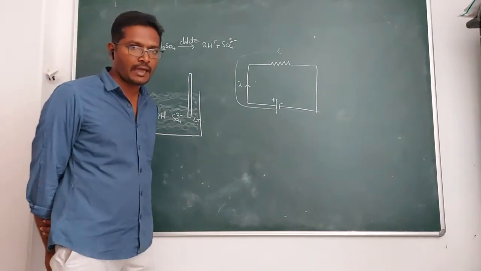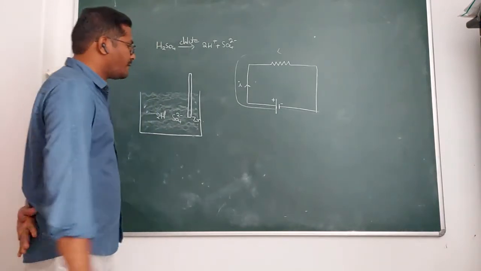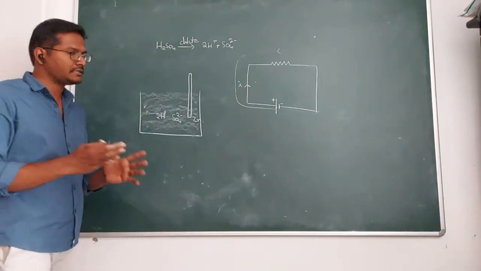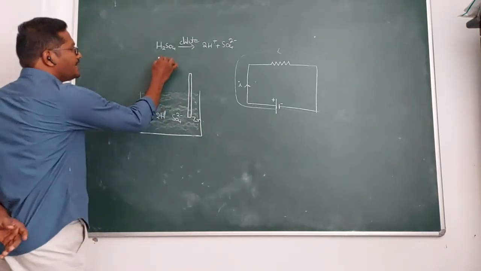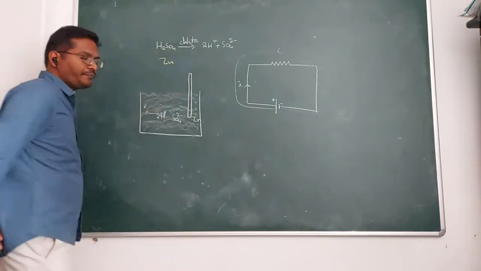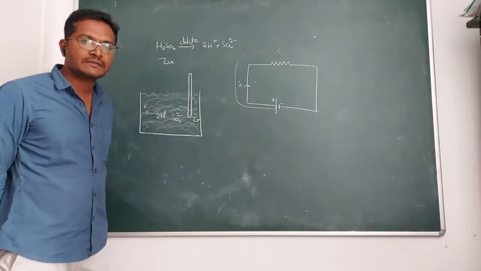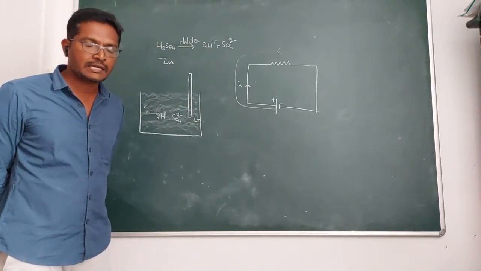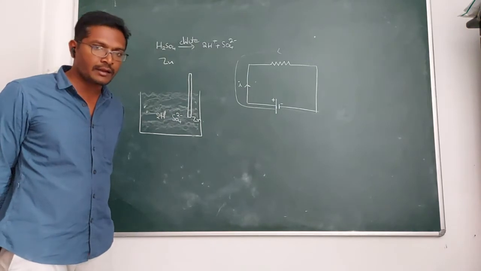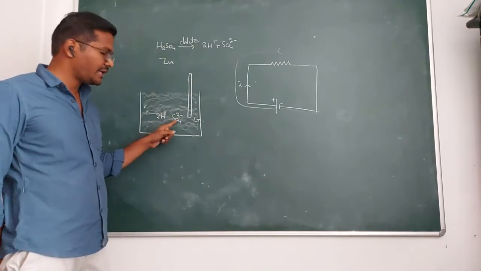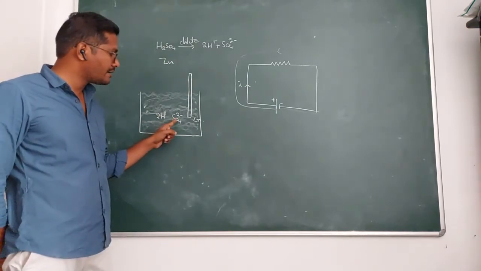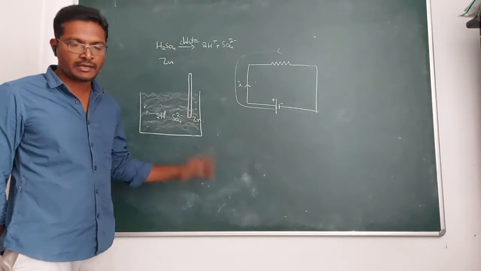What do we mean by zinc atom and zinc ion? Zn is the zinc atom, and SO4 is not going to mix with the zinc atom. It tries to mix with the zinc ion. An ion always mixes with another ion.